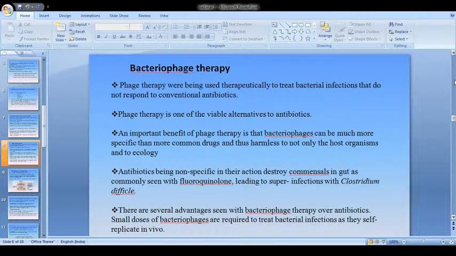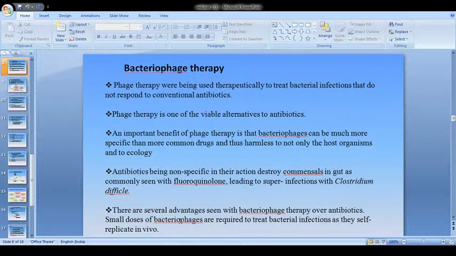An important benefit of the phage therapy is that bacteriophages can be much more specific than more common drugs and thus harmless not only to the host organism but also to the ecology. Here, this bacteriophage is a virus, you all know it. The bacteriophage is a virus that infects and replicates within the bacteria.